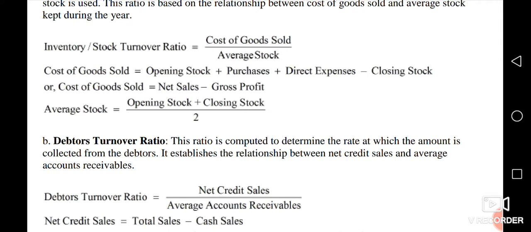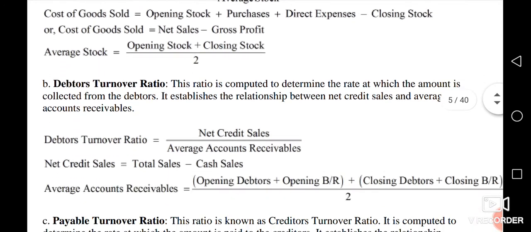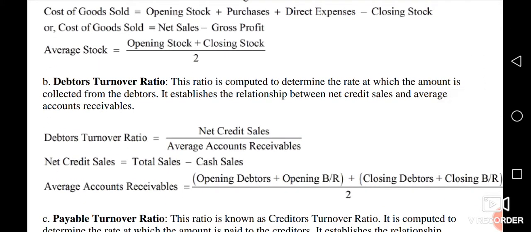Okay, the next formula is debtor turnover ratio. This ratio is computed to determine the rate at which the amount is collected from the debtors.